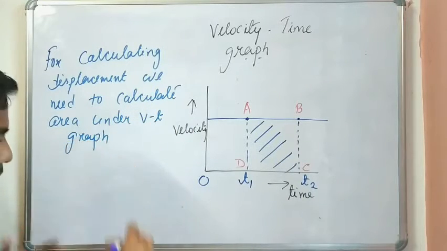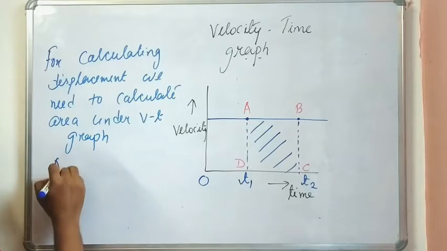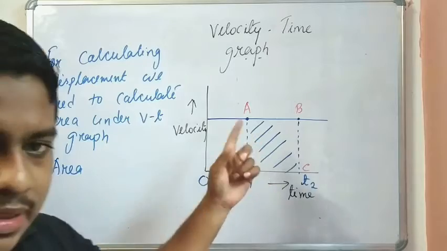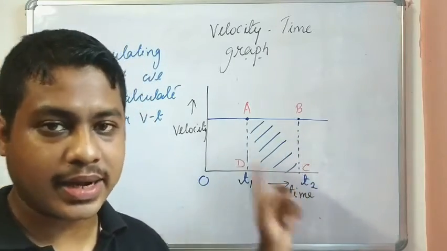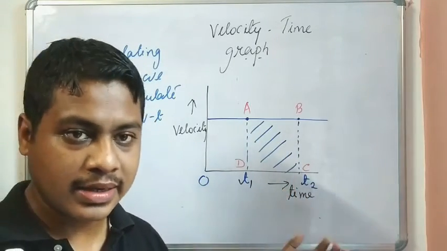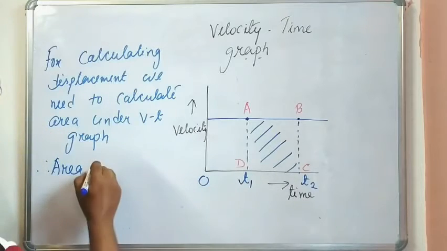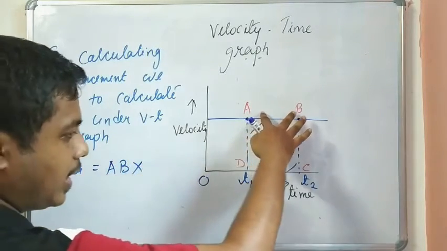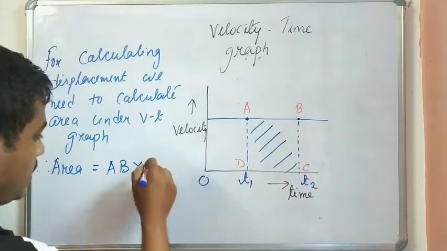So what will be the area then? Area equals, as you can see in the diagram, it is looking like a rectangle, that is length into breadth. So I can consider this as AB into BC.